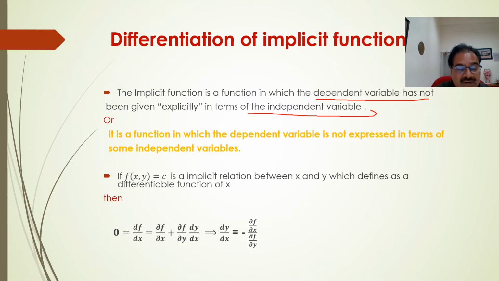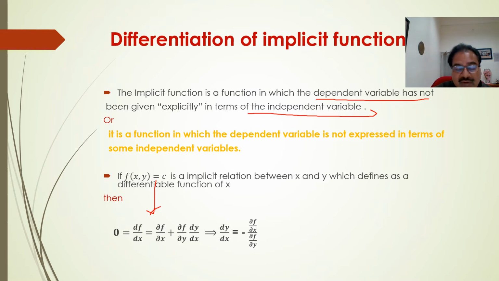If this is a constant, let us suppose. If it is not constant, then the case is different. But in the majority of our cases, if the function is constant, then it is easy to see that df by dx is 0. If df by dx is 0, then what will be this total derivative? Del f over del x plus del f over del y into dy over dx.